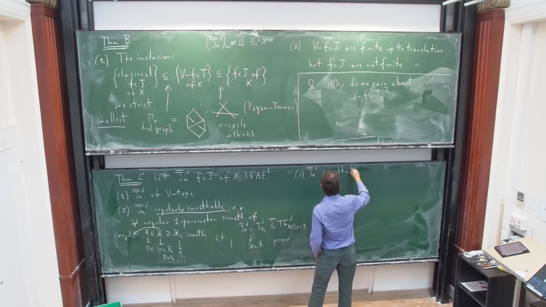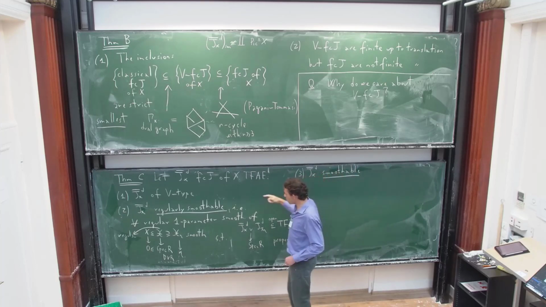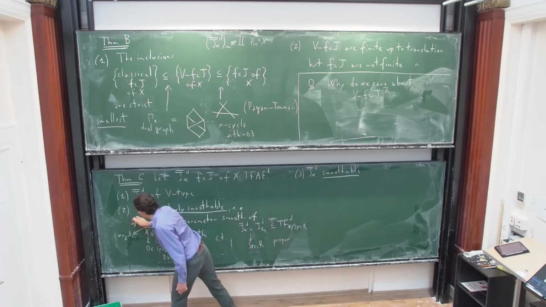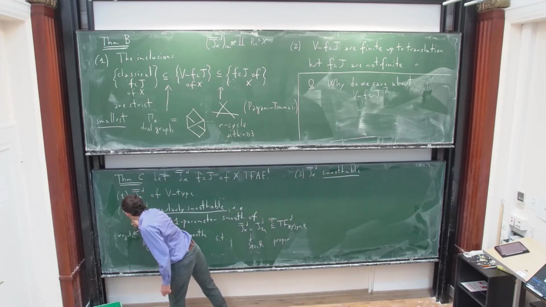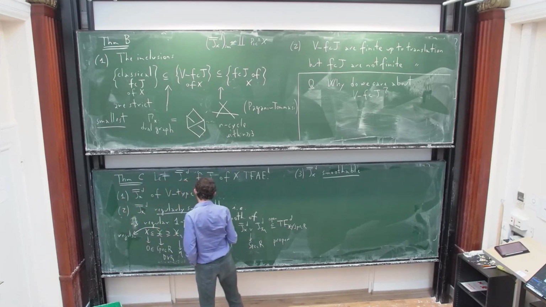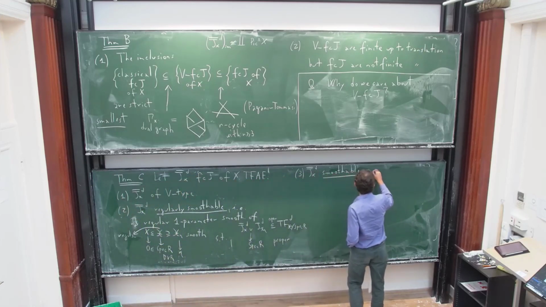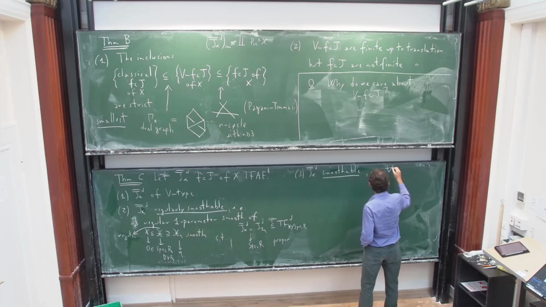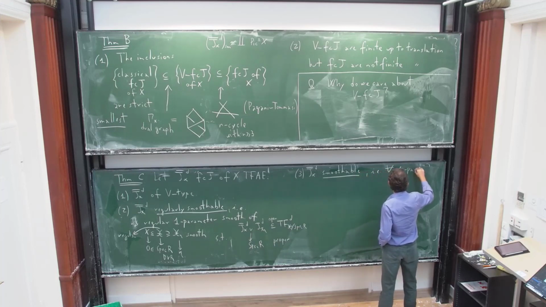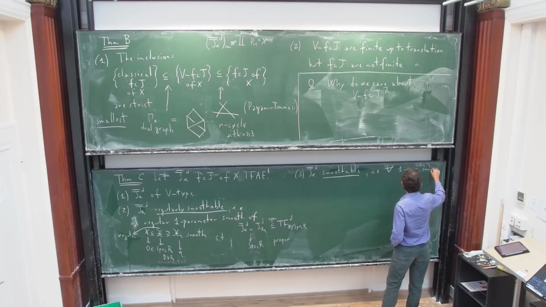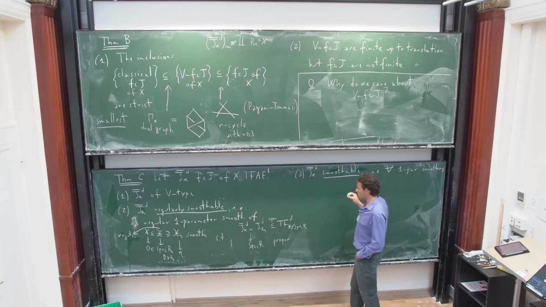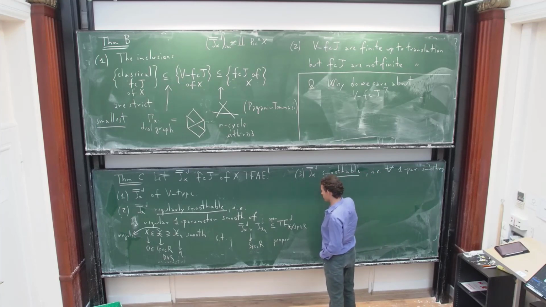So here we are just requiring that the condition is that there exists just one regular one parameter smoothing, and here the condition is that for any one parameter smoothing, not necessarily smooth, not necessarily regular, the same thing holds.